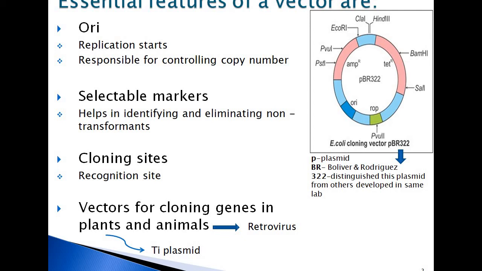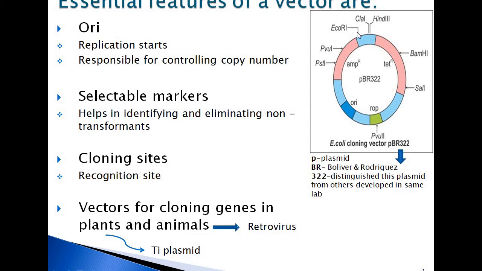Transformation is a process in which we pass a piece of DNA along with the plasmid into a host cell. Those in which the recombinant is passed are called transformants. Those in which the recombinant is not passed are called non-transformants. Is it clear?